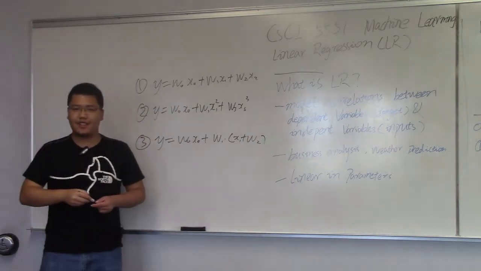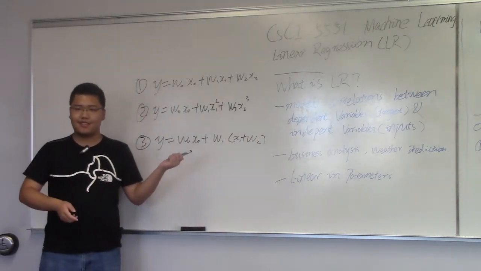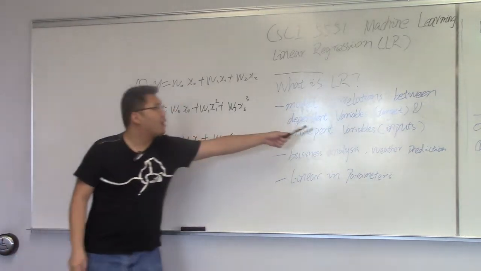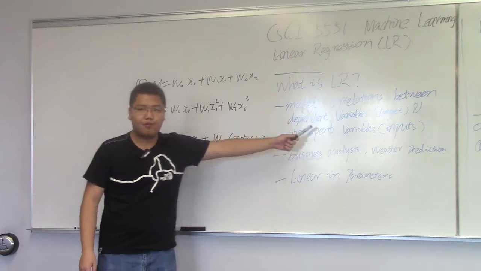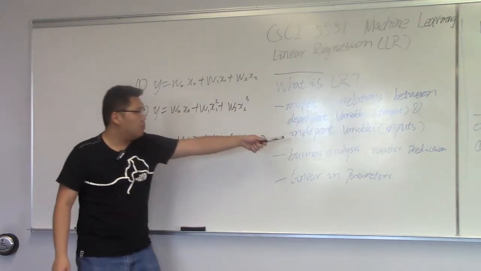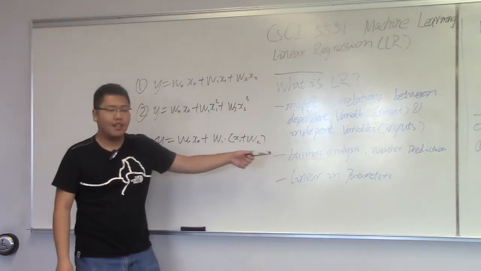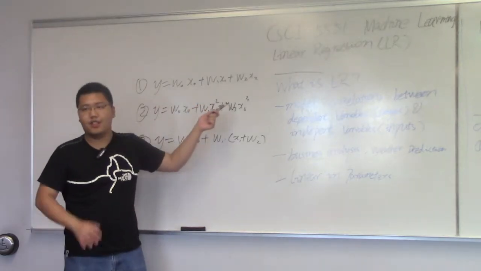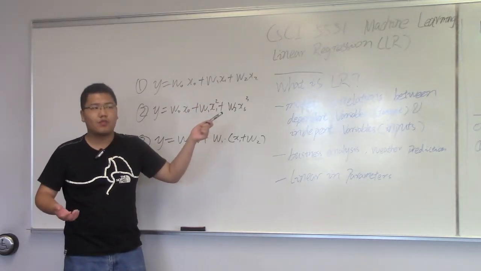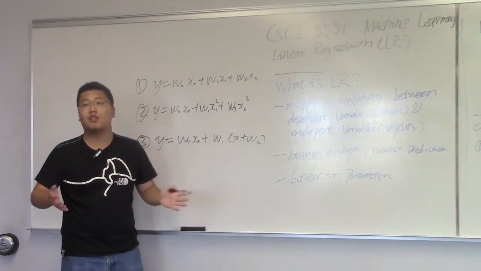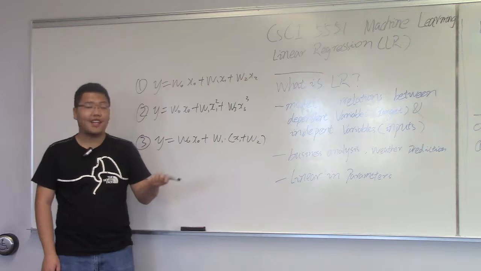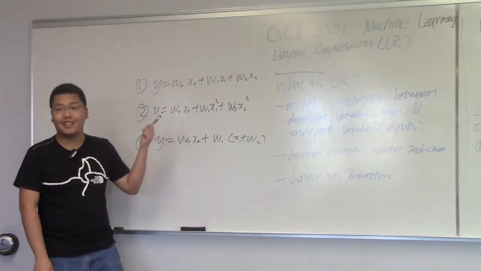Any idea which one is linear in parameters? So this y here means our dependent variable, and this x is our input or our independent variable. And the parameter we are going to refer to is this w here. It's not a range or some mathematical form. So any volunteer, which one do you think is linear in parameters?